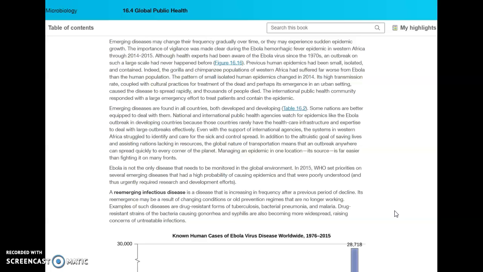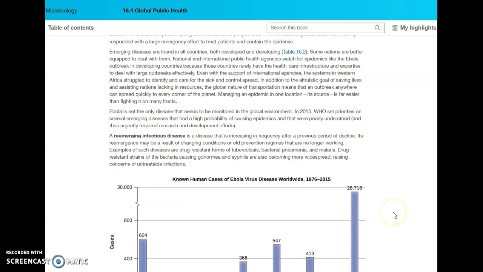A re-emerging infectious disease is a disease that increases in frequency after a previous period of decline. So this would be something like malaria, that we find medications to treat it, we get incidence rates down, and then the protozoan starts to become resistant to those, so cases begin to increase over time again.